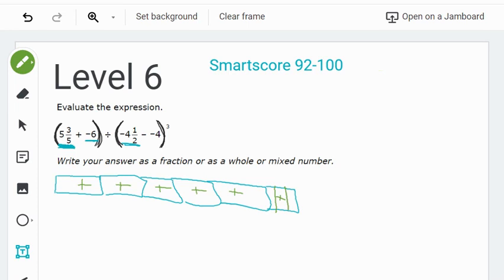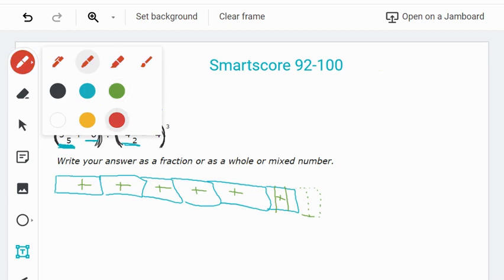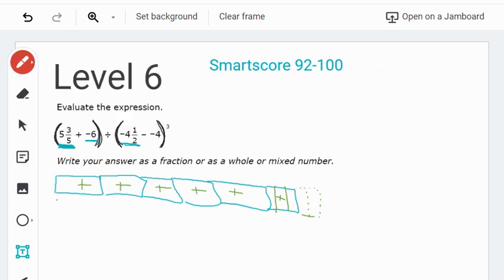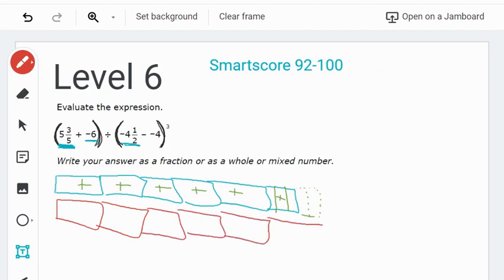These are all wholes, I guess. And this is 3 out of, there'd be 2 more to make a whole. So that's 5 3/5. But then you have 6 wholes, and I'm using red for negatives. So that's -5, and you have -6. So this is all negative.